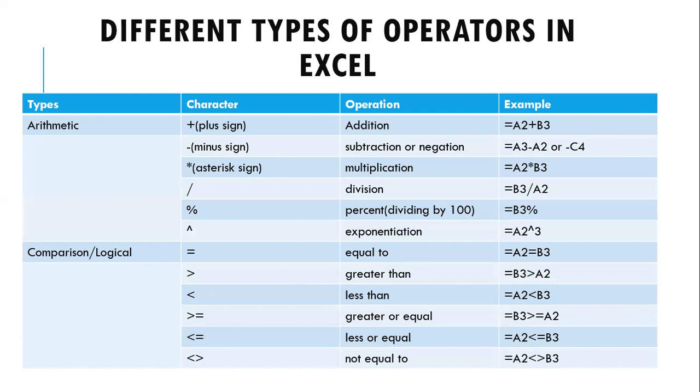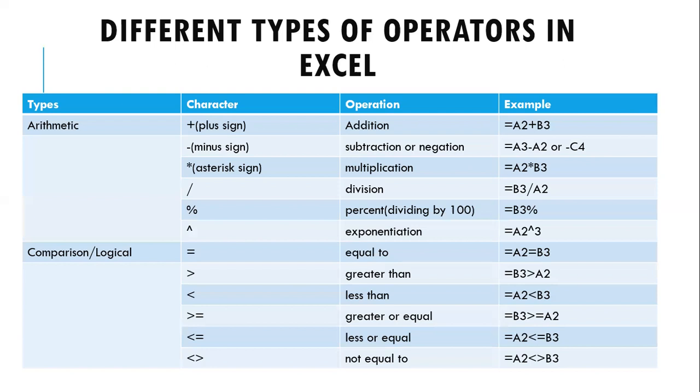For example, when you're trying to do addition, you have to start with the equal sign. Then, for example, A2 plus B3. Subtraction, maybe A3 minus A2 or minus C4. These are just examples. The other one, multiplication, maybe A2 and B3.